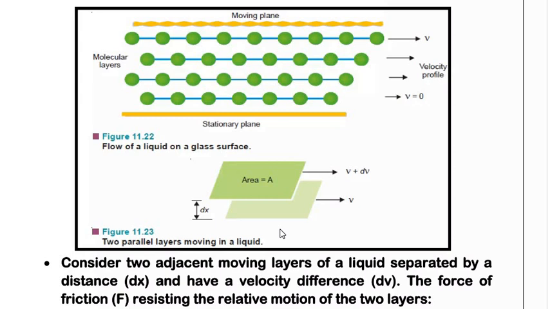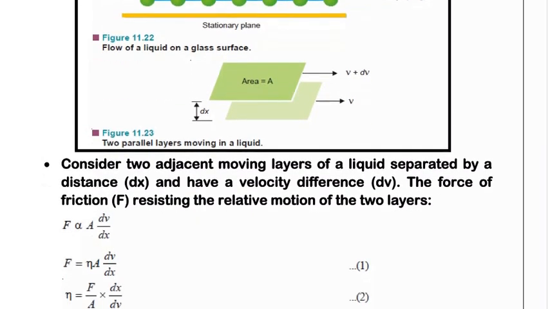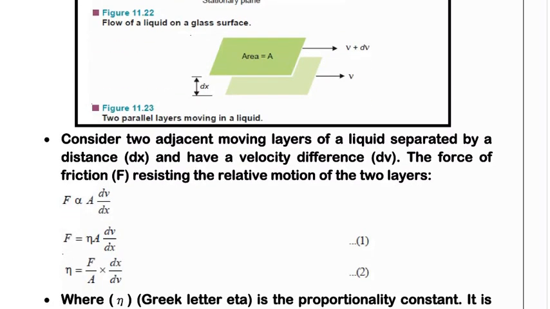One layer, another layer with V plus dV. You have the area, and the distance between the two parallel layers is dx. So consider two adjacent moving layers of a liquid separated by a distance dx and having a velocity difference dV. You have to focus on this dx and dV.